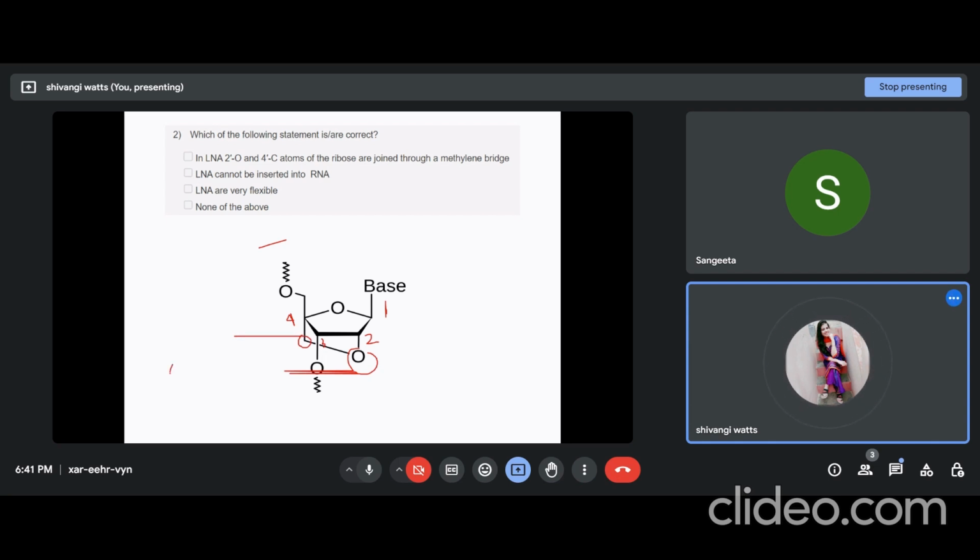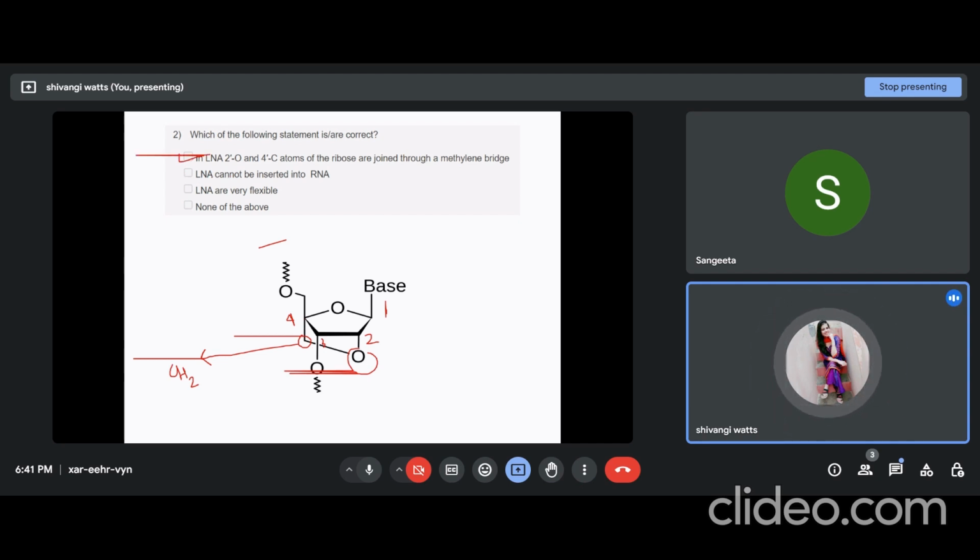Methylene is the CH2 group. So this is a methylene bridge. So in locked nucleic acid, the 2-O and 4-C atoms of the ribose are joined through a methylene bridge. It means the first option is the correct option.